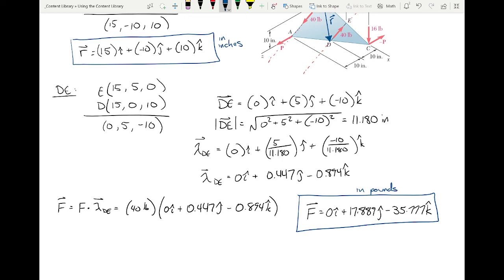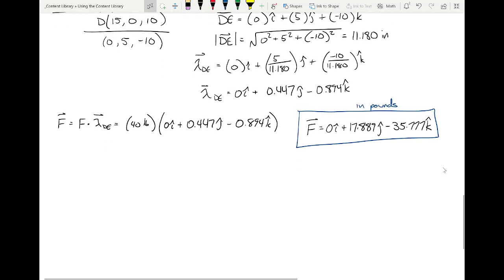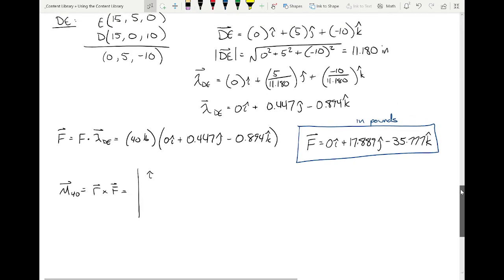Okay. So now that we've got this, we've got R, we've got F, all we've got to do now is cross those to get the moment at 40, or the moment due to that 40 couple. So, cheat a little bit here.